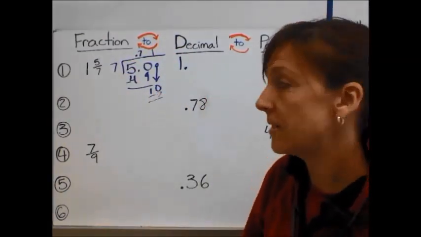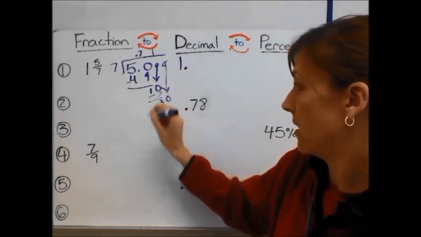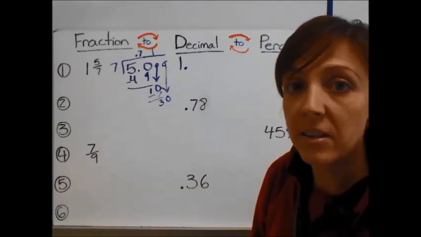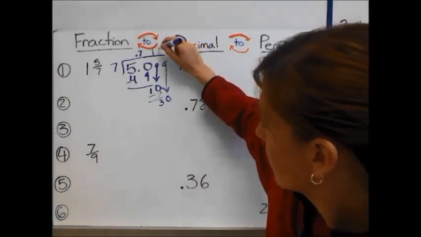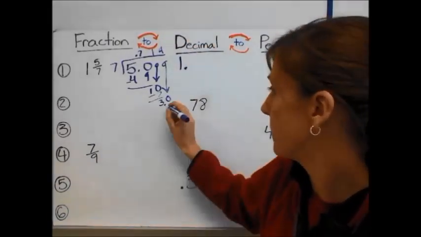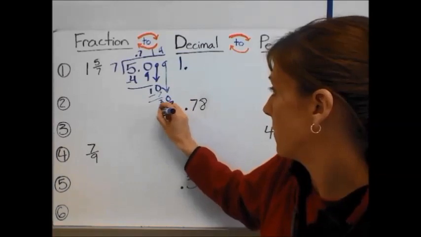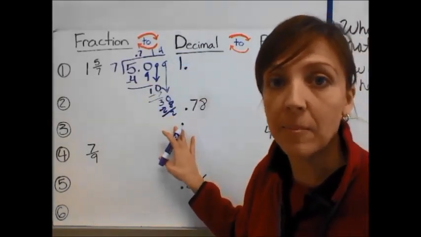I'm going to subtract. And I'm going to get 0. 7 into 30 goes 4 times. 4 times 7 is 28. I'll subtract.